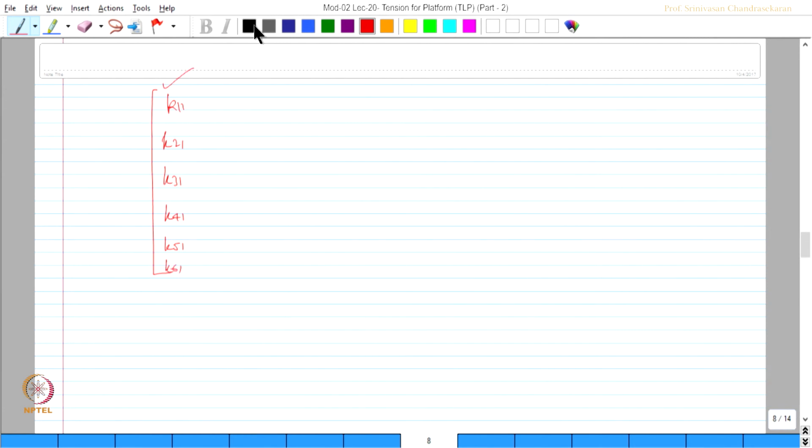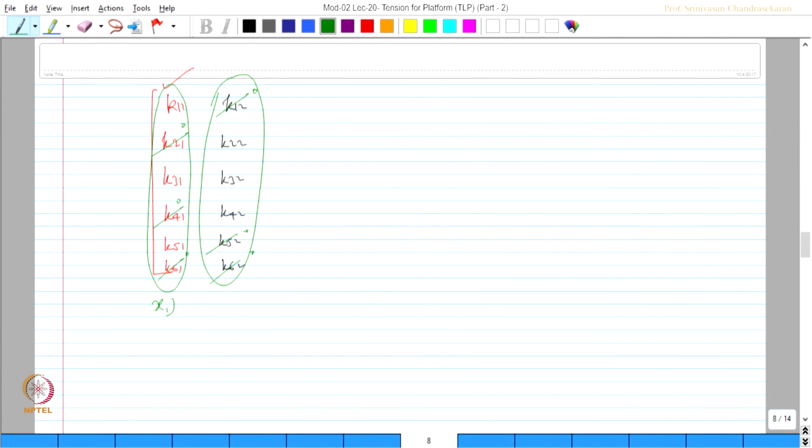Now, I have K12, 22, 32, 42, 52 and 62, out of which let us mark the zeros. This is 0, this was 0 and this was 0. Similarly, this is 0, this was 0, this is 0. Okay. So, first column is completed, second column is completed by giving unit displacement along surge, unit displacement along sway.